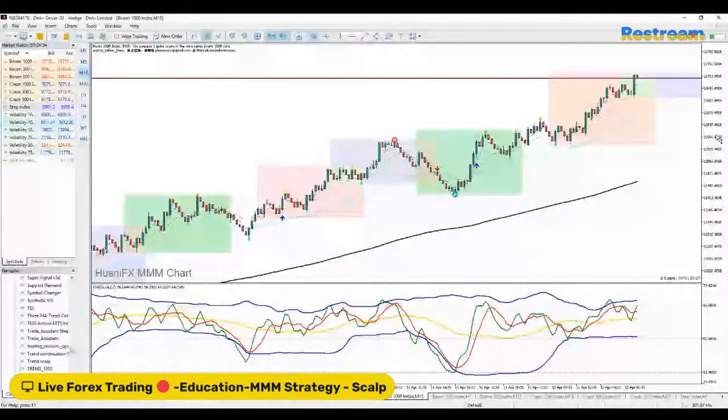The market maker method strategy is very simple because I have tested it and it is useful and accurate if you know how it works.